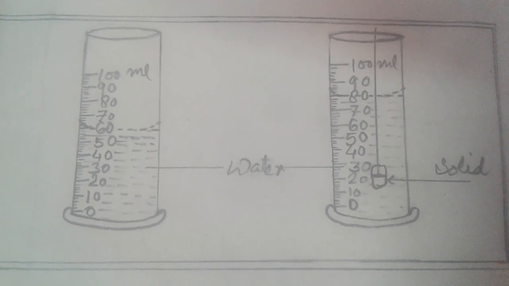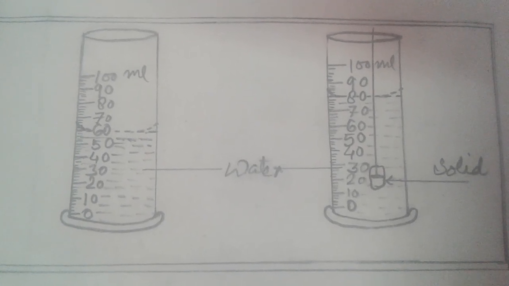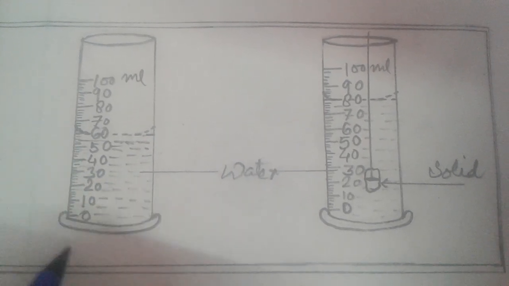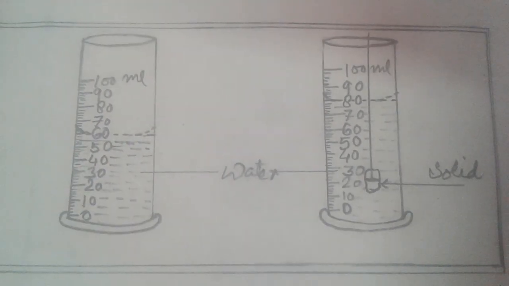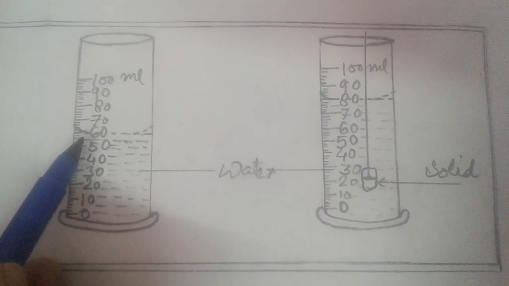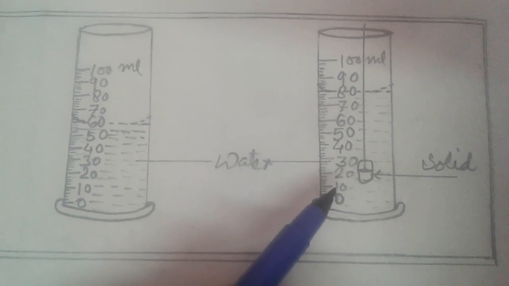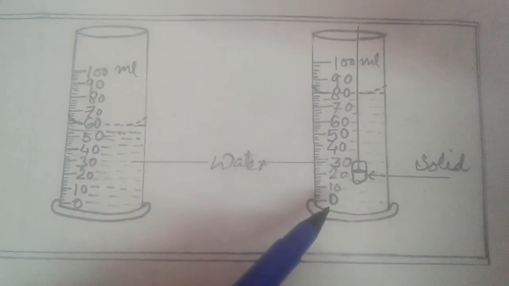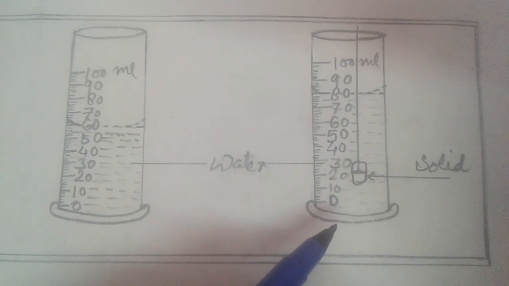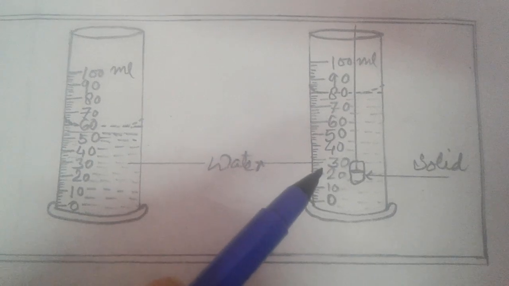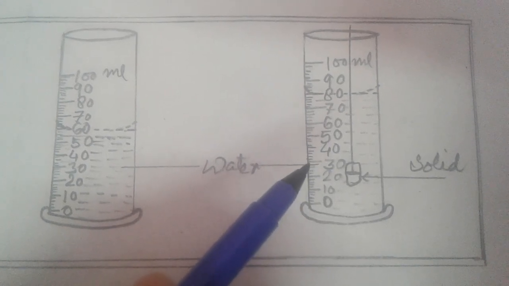Now measurement of volume of irregular solid by measuring cylinder. What we do, we take a measuring cylinder and fill it till 60 milliliter with water. Now tie the given solid to a fine cotton thread and lower it in water gently. The level of water will rise as a stone displaces water equal to its volume. Why does the volume rise?